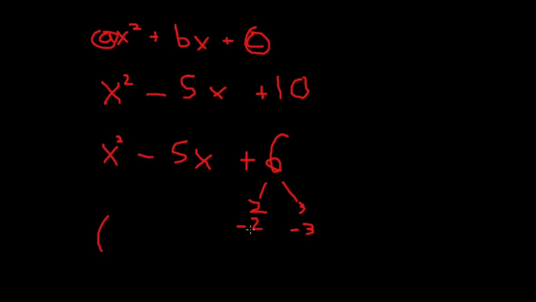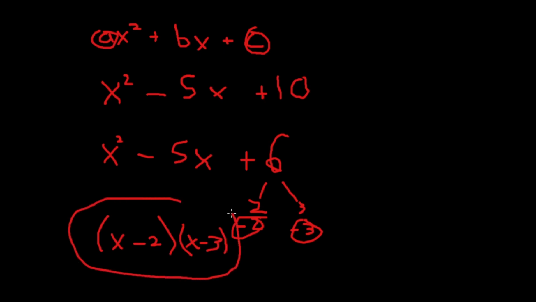So now that we have our two factors, we just plop an x here and -2, plop an x here and -3. And that's our answer. So instead of just saying this is how you factor, this is how you get the answer, I'm going to explain what it means so it makes sense.